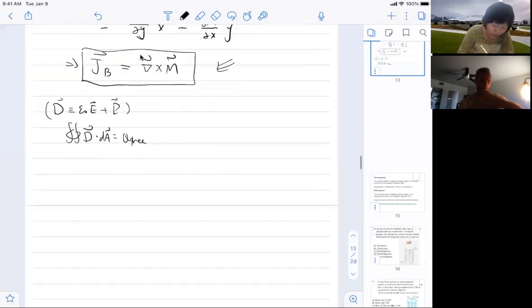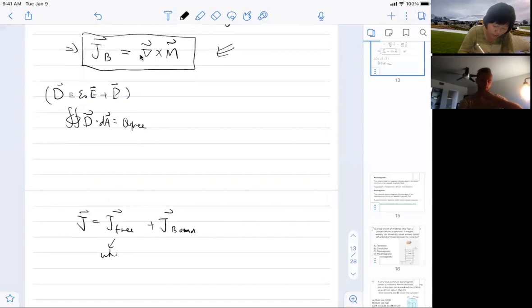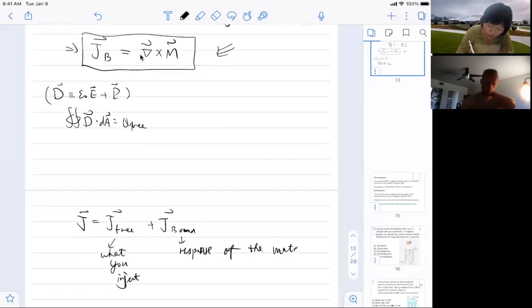Because now your current J is J free plus J bound. You have two: J free is what you decide to put in and inject in the material. J bound is a response of the material that you don't have control over.